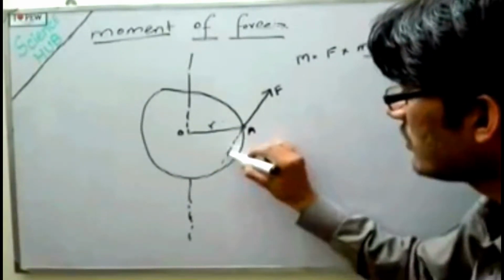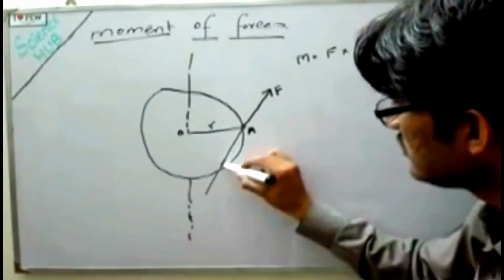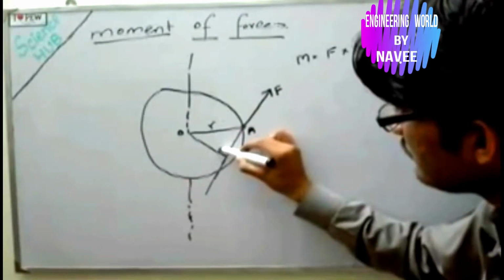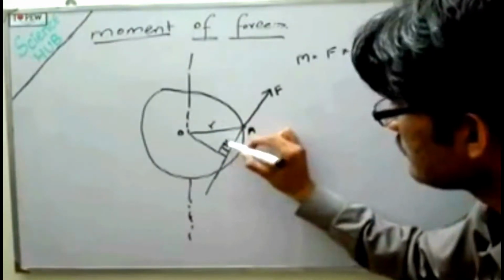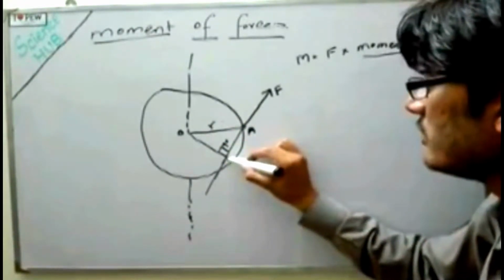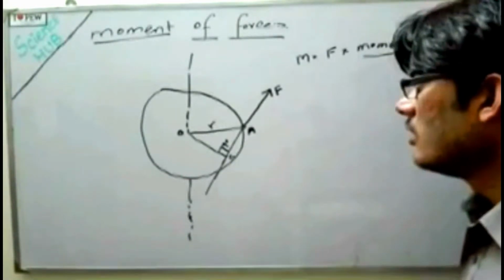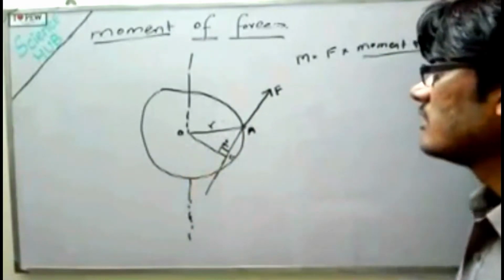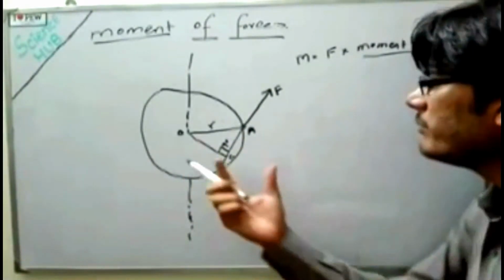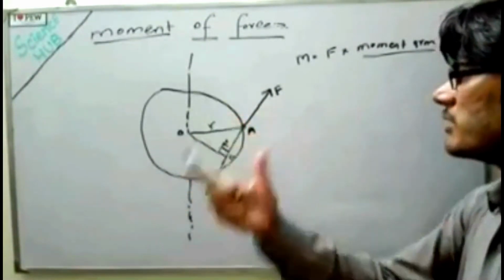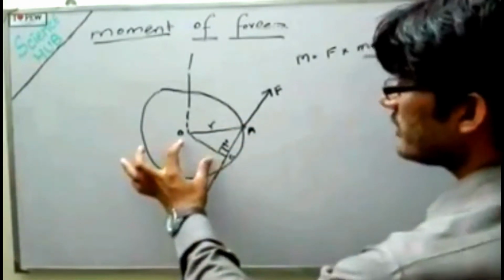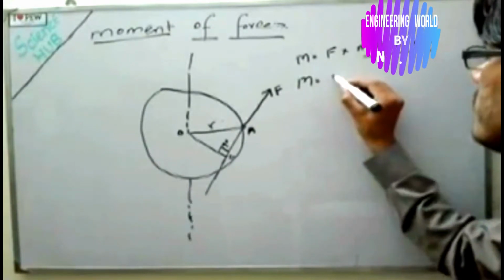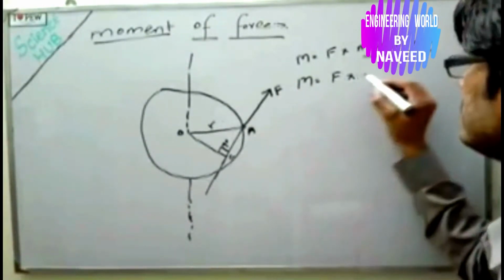We extend the force further. This is the force. So the perpendicular distance will be equal to this. We represent this point by point C. So the moment of force for this figure will be equal to the force multiplied by the perpendicular distance, and the perpendicular distance is OC. So the moment of force will be equal to F multiplied by OC.